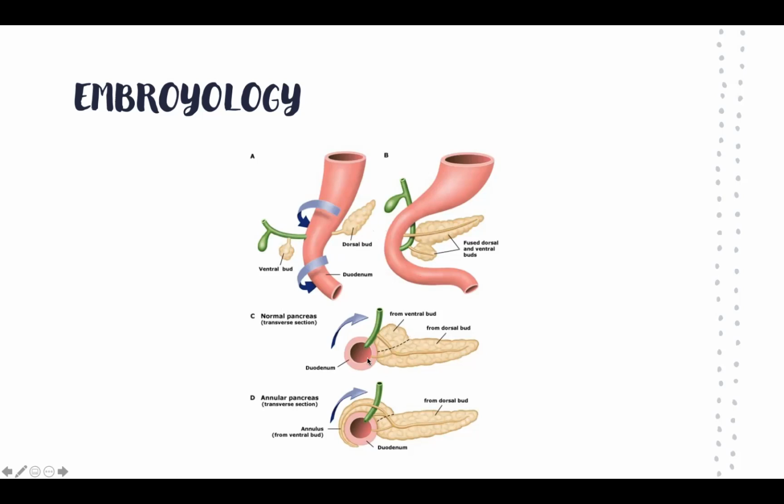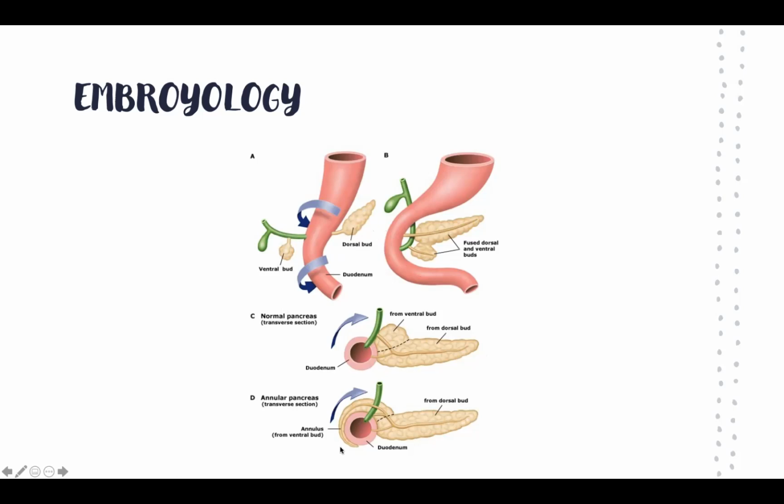So here we can really appreciate the pancreatic duct and the accessory duct that we talked about before. So our major papilla and the minor papilla. And there are sometimes abnormalities in this process of fusion.